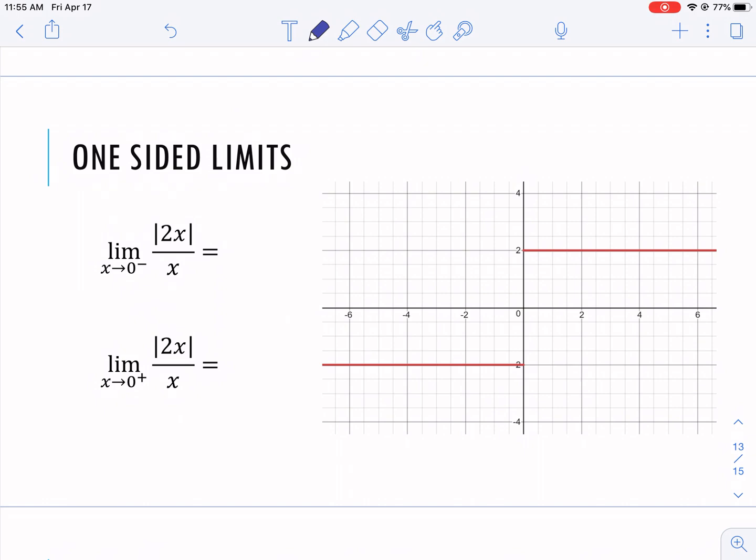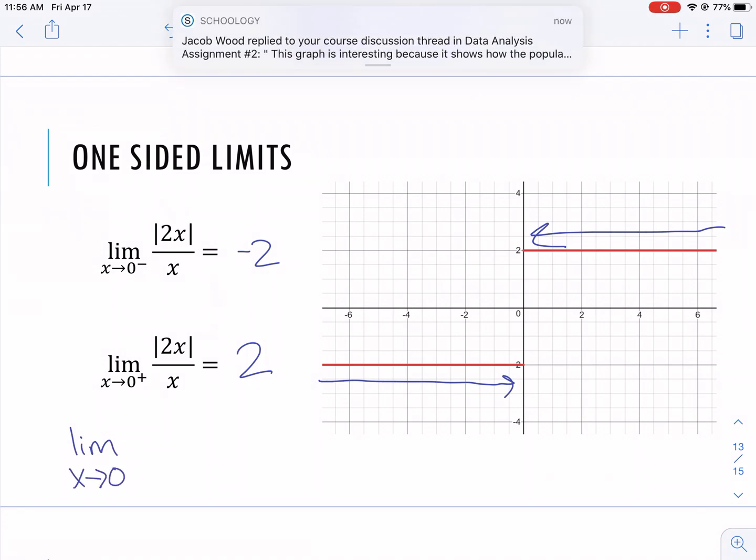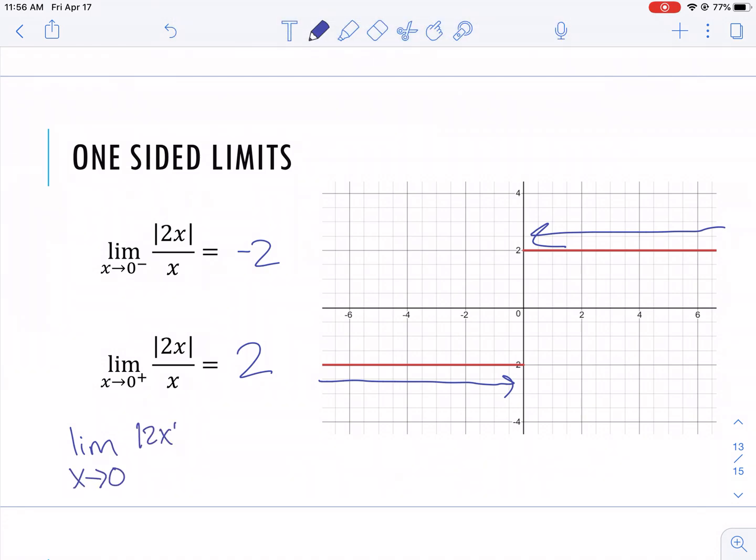If you look at this, the absolute value of 2x over x, as I approach 0 from the left, I get close to negative 2. But as I approach 0 from the right, I get to 2. So the limit as x approaches 0 of this, well, what happens if there are two different ones? It does not exist. And you would just write that, does not exist.